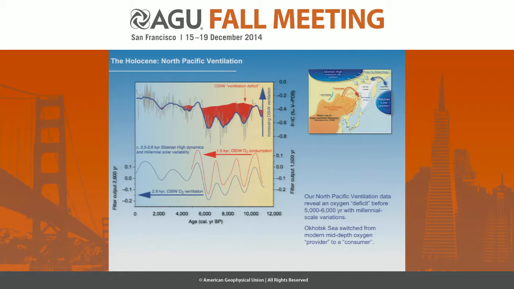And some things I just want to point out here is, first of all, the modern prevailing ventilation pattern is a relatively recent one, it seems. So only over the past 2,000 years have we been observing in the Holocene ventilation conditions comparable to the modern conditions. If you step back further in time through the late to mid-Holocene, you see already a slight decrease in the average ventilation of the water masses coming out of the Okhotsk Sea.